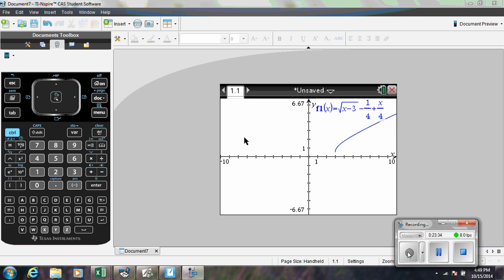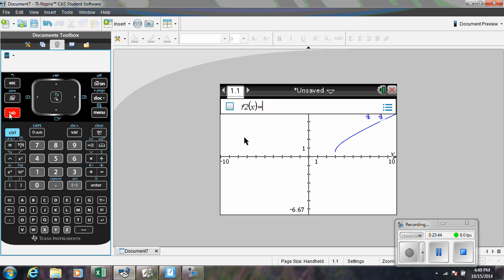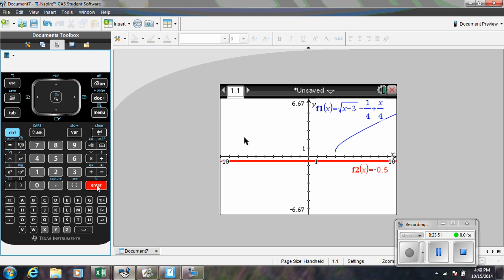You'll note I paused the video, typed it into my calculator, and here's what I obtained. We are interested, again, in when this piece is in between the heights of negative 0.5 and positive 0.5.